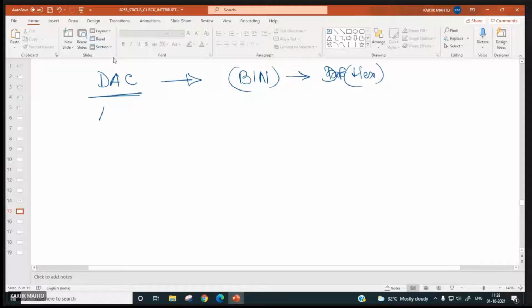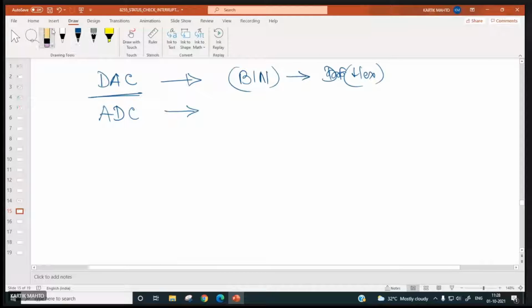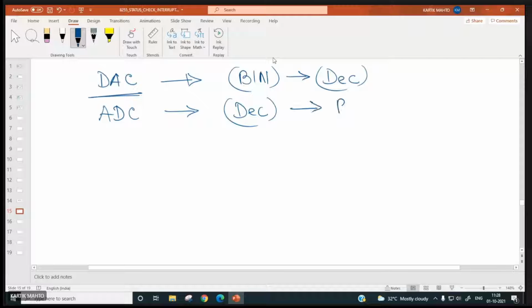Sorry, hexadecimal. And when you have ADC, then not hex actually, I will write decimal only, then it is clear. It is binary to decimal. And when ADC, it means you are going from decimal to binary. Will you remember this?